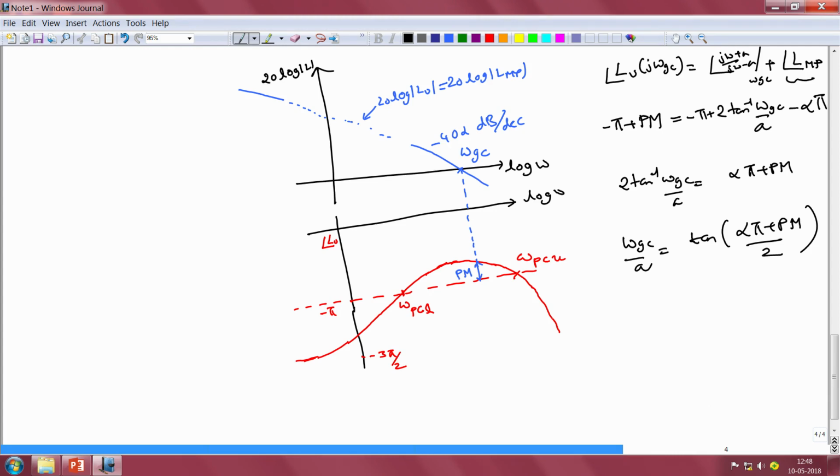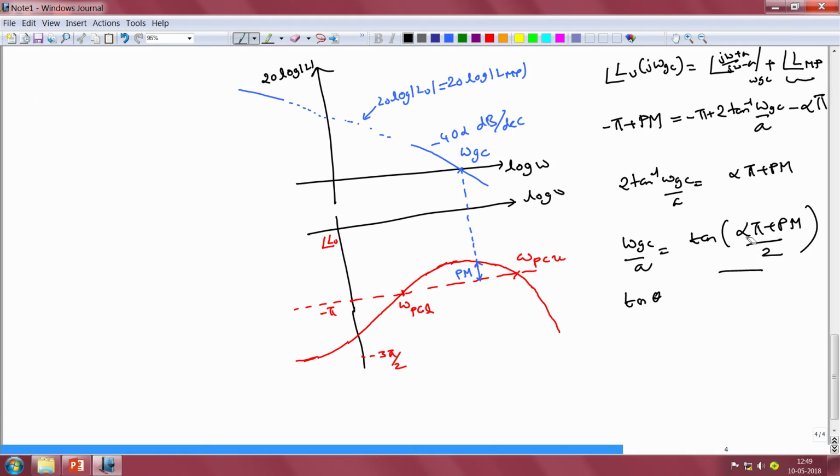Now this equation can be employed to deduce the lower limit to the gain crossover frequency. That is because if you look at the term on the right hand side, we have tan of some particular variable, and we know that tan of theta is an increasing function of theta. So around theta equal to 0, tan theta is 0, and as theta tends to pi by 2, tan theta tends to infinity.